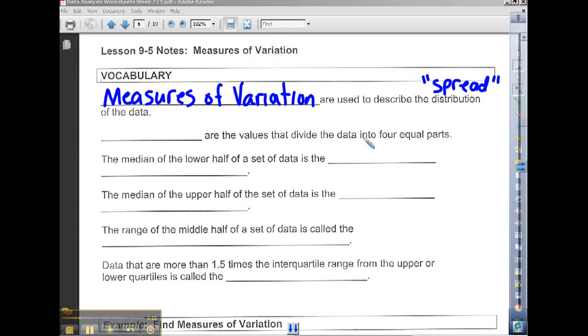Blank are the values that divide the data into 4 equal parts. That's called quartiles. Quartile sounds like quarters, and there's 4 quarters in a dollar. So quartiles are the values that divide that data into 4 equal parts. Next it says the median of the lower half of the data set is, some people call it the first quartile.